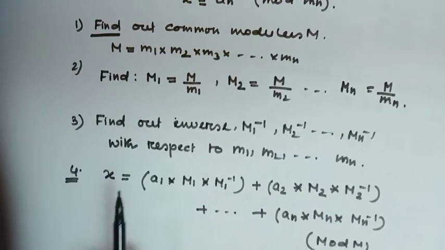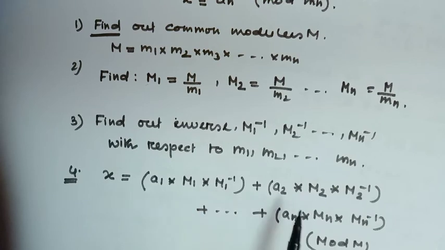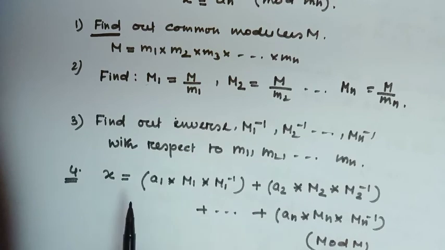The last step, the value of x equals a1 times M1 times M1 inverse plus a2 times M2 times M2 inverse, plus up to an times Mn times Mn inverse, modulo m. And our motivation is to find this particular x, and this is the unique value.